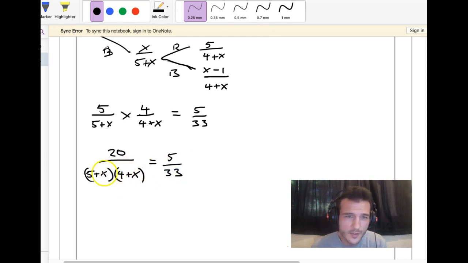Get rid of the fraction, so we'll times everything by this, cancels here, times by the 5, times everything by 33, to cancel here, and then times by the 20.